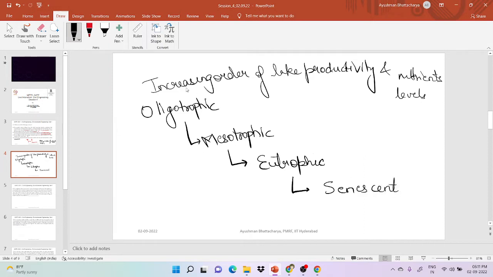So based on the increasing order of lake productivity and nutrient level, the lakes are categorized as oligotrophic, mesotrophic, and so on. This means the maximum lake productivity and nutrient level will be found in senescent, after that eutrophic, then mesotrophic. The lowest productivity and nutrient level will be in oligotrophic.